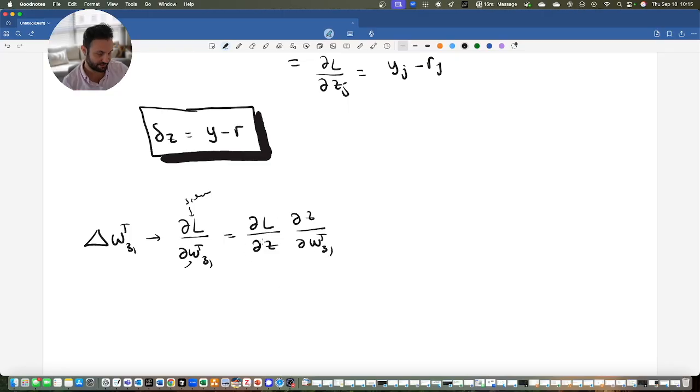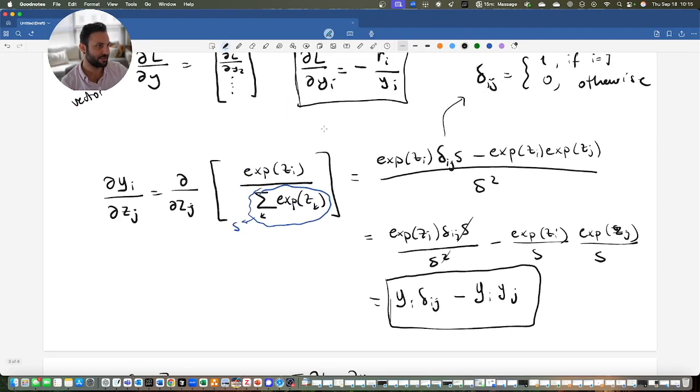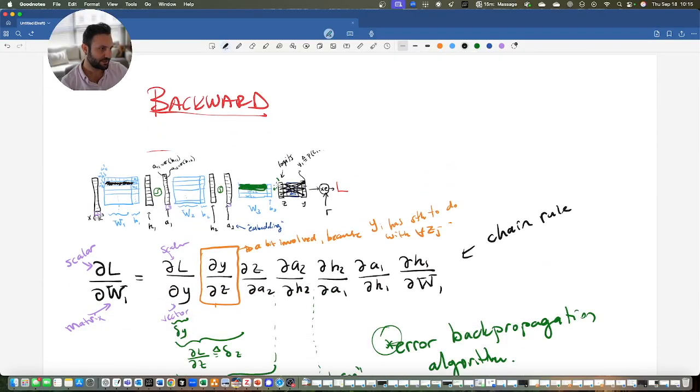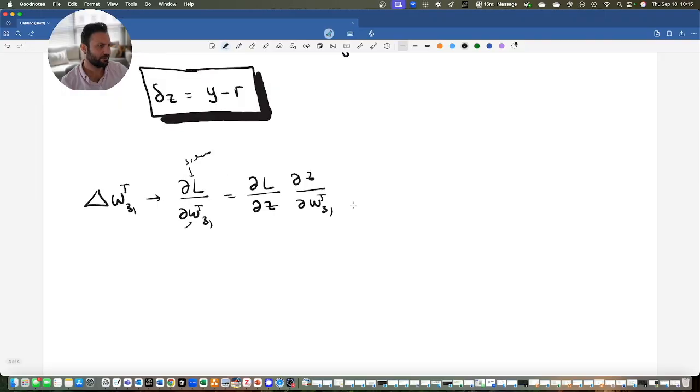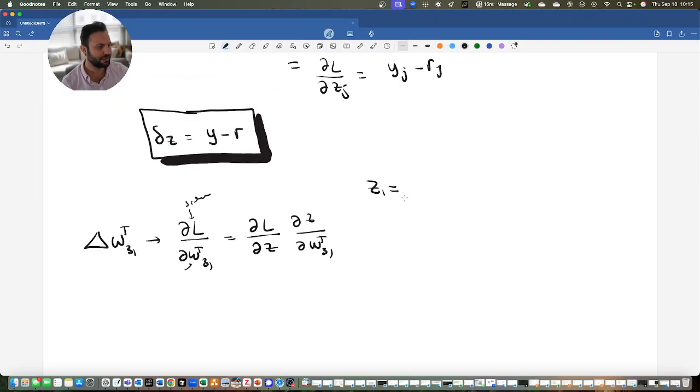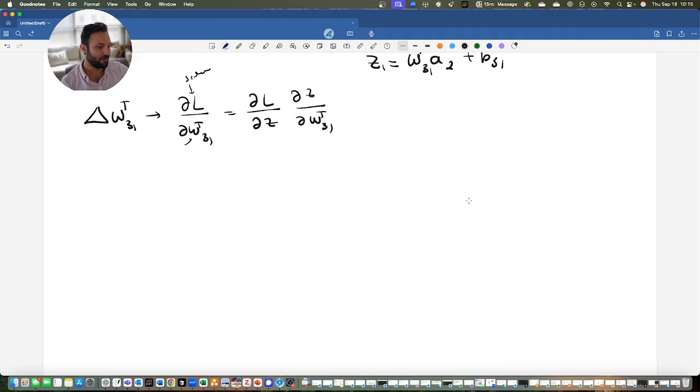I know what this is, and I can calculate it from this. So I know W31 is touching only one neuron, which is Z1. Where's my neuron? This is my Z1. So I know my Z1 is calculated via W31 transpose. Its input is A2 plus B31.